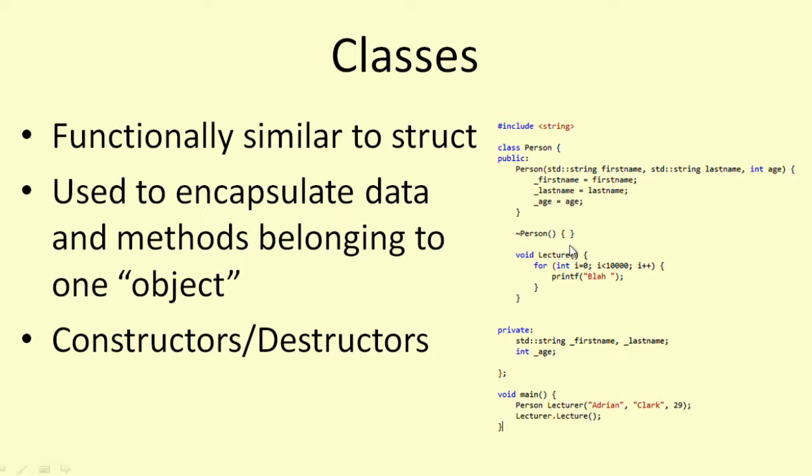In this case, we don't really need to do anything in the destructor because we're not allocating any memory or anything like that. Don't need to clean anything up. And in this case, the person also has a method called lecture, which prints out blah, blah, blah 10,000 times. So this is how you construct a new class. So person lecturer, that's me, and then lecturer, and if you run this code, it just prints out blah 10,000 times.